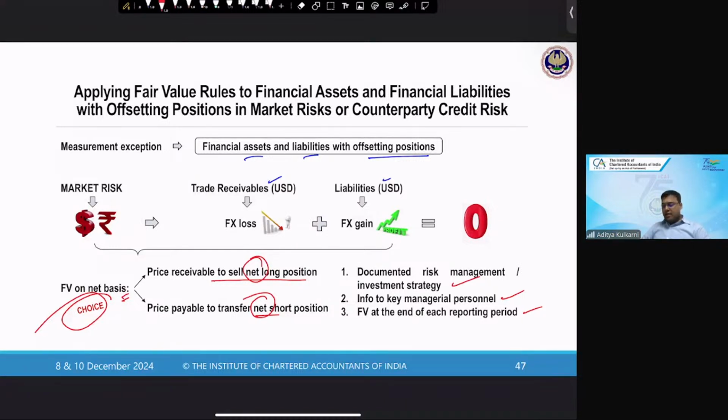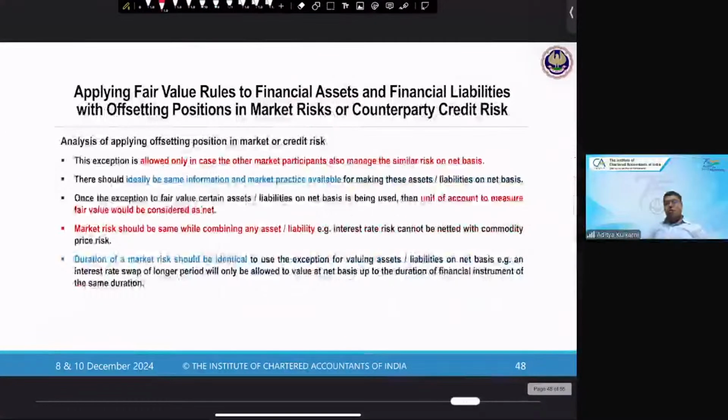Did you understand? These three things you have to do, whether you are going for separate settlement or net settlement. And based on these, you will end up deciding whether I will fair value on a net basis or on a gross basis.